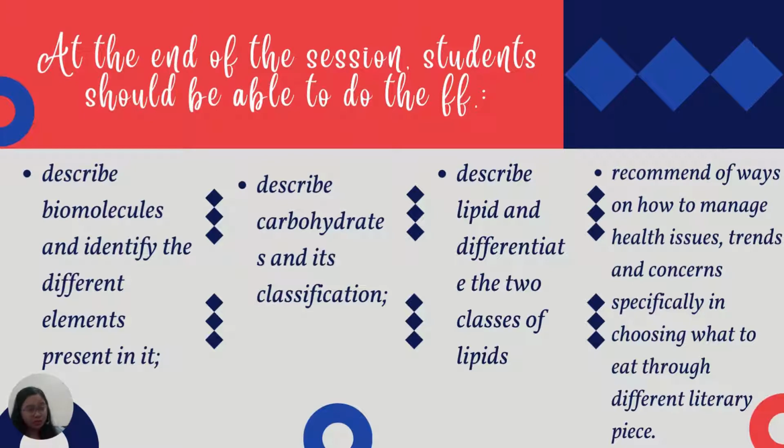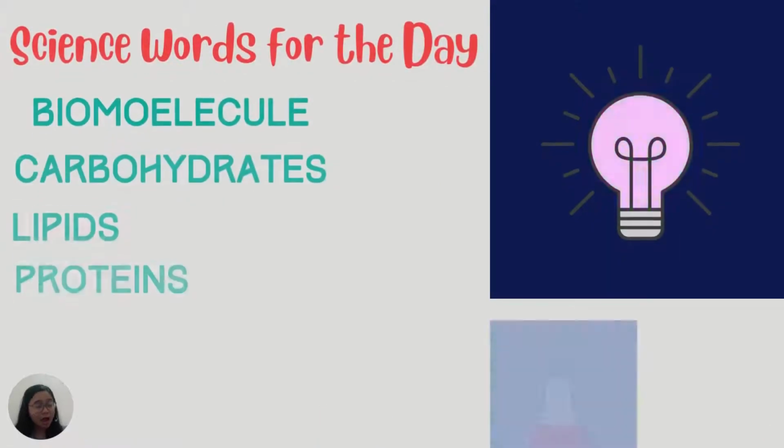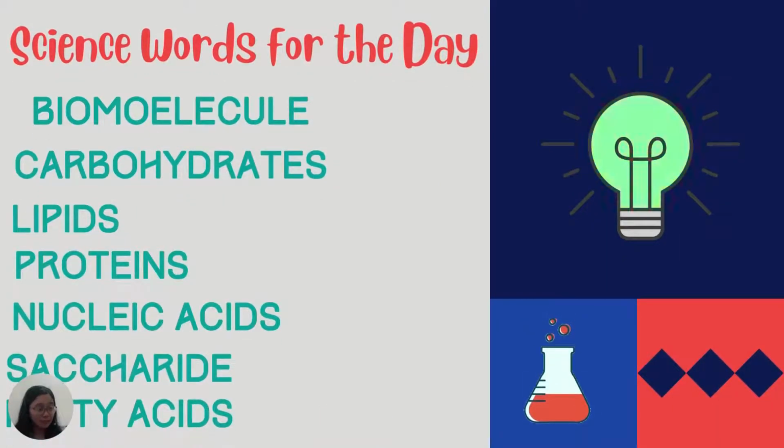Number 3, describe lipids and differentiate the two classes of lipids. And number 4, recommend ways how to manage health issues, trends, and concerns, specifically choosing what to eat through different literary pieces.